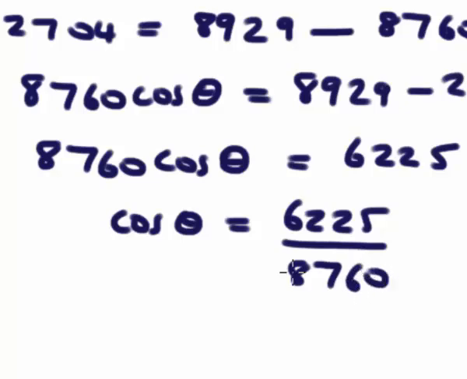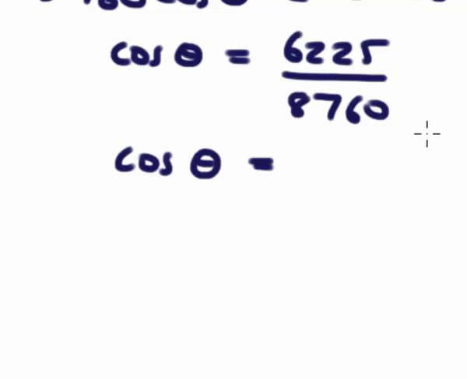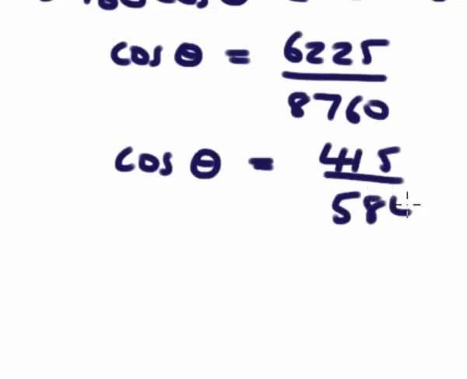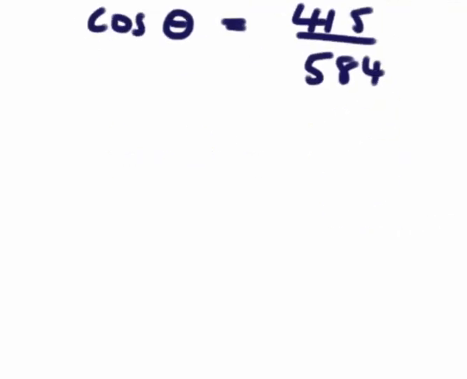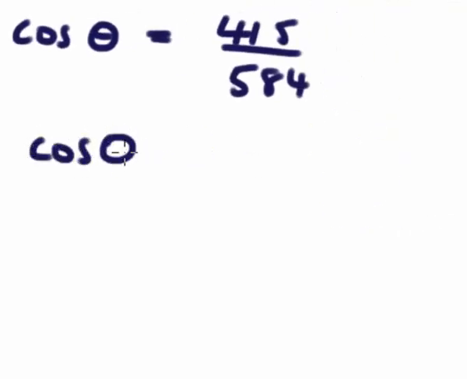If we take 6225 divided by 8760, cos theta is equal to, it simplifies to 415 divided by 584. Okay, let's check there. That gives me 584.